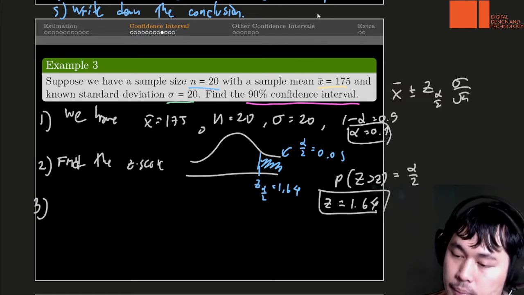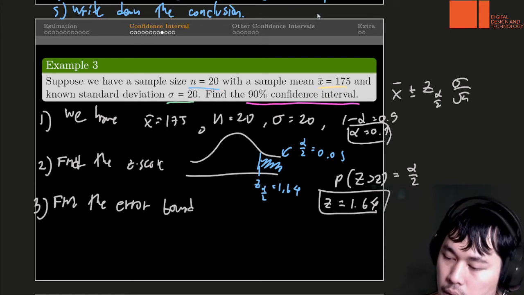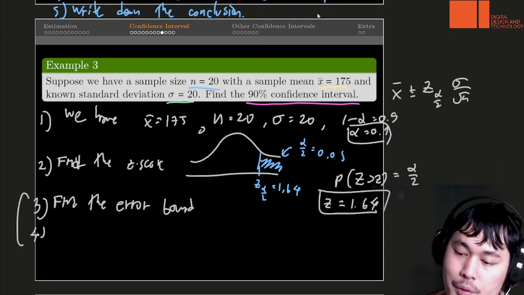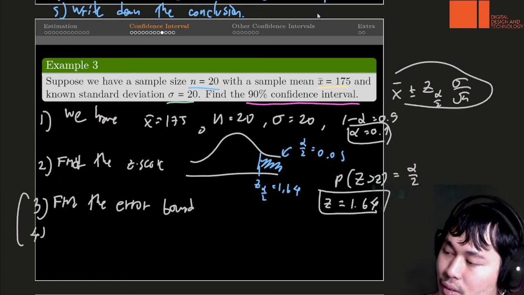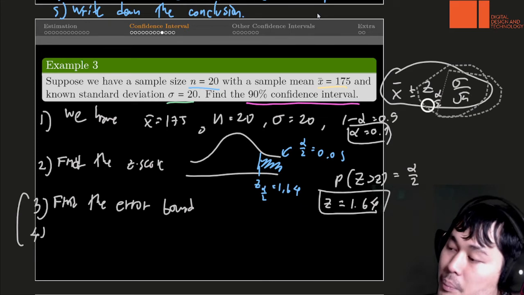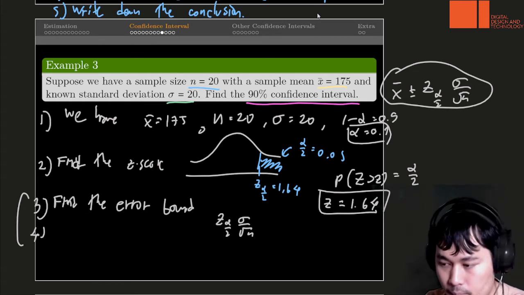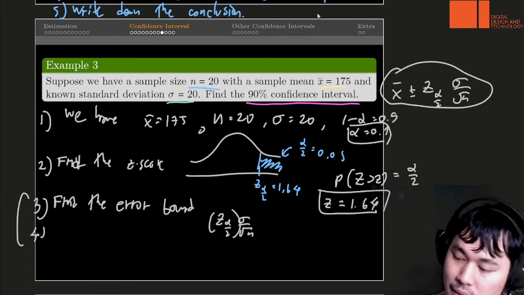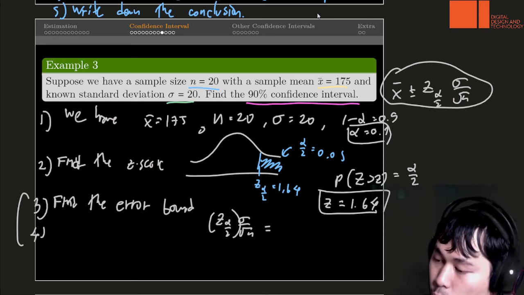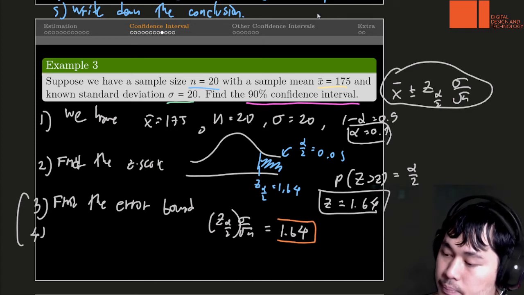Then the third step is to find the error bound. You can do 3 and 4 at once, because it's just a single formula anyway. That is the formula: the z value times that. The z value is 1.64, which corresponds to the confidence level.